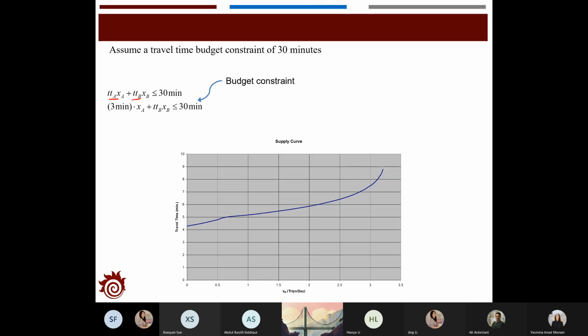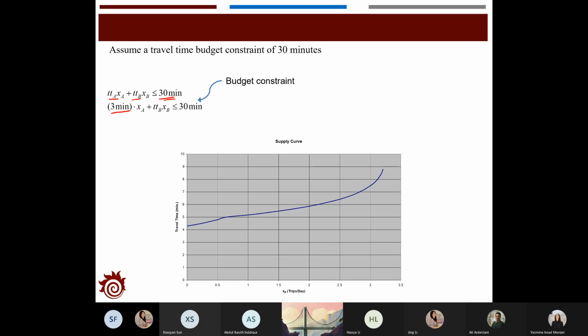And TTA times XA plus TDB times XB should be less than 30 minutes. And in the previous assumption, we assume that TTA is 3 minutes. So here we just don't know the 3 other variables, XA, TDB, and XB.